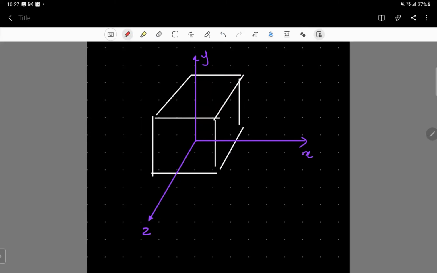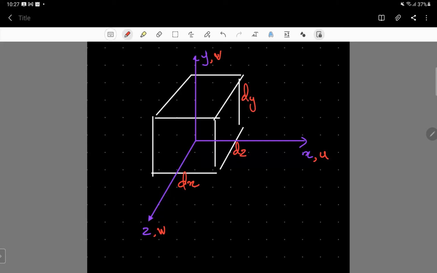If we consider this finite element, we can assume the displacement in the x direction to be u, in the y direction to be v, and the displacement in the z direction to be w. The lengths are dx in the x direction, dy in the y direction, and dz in the z direction.